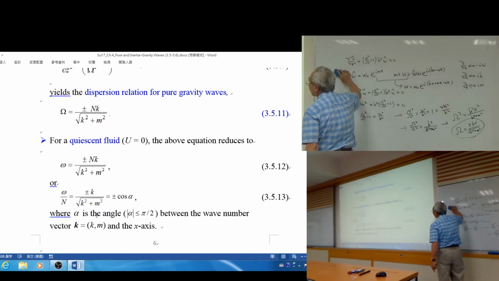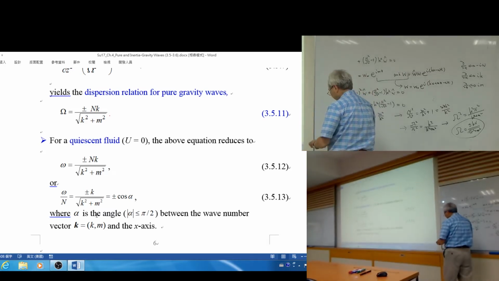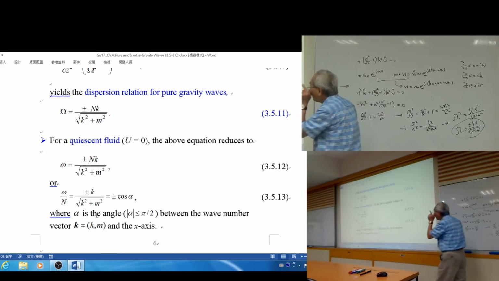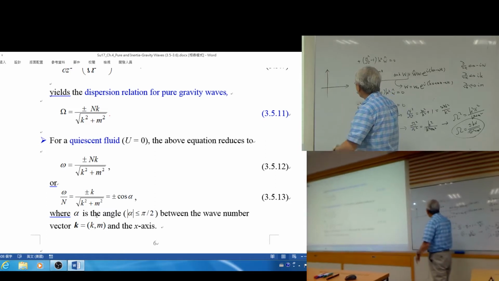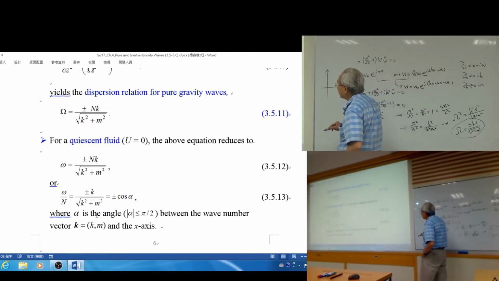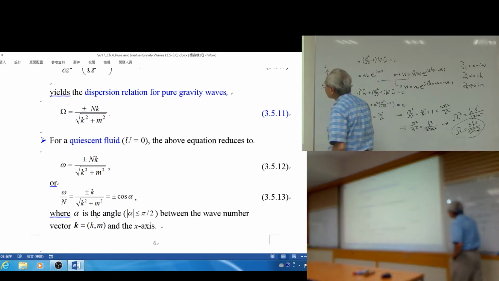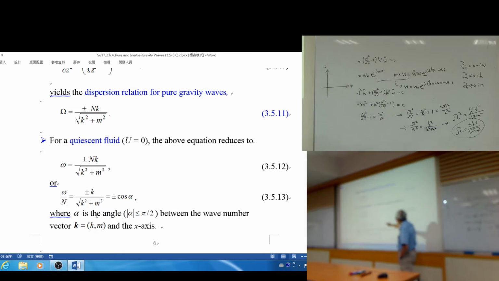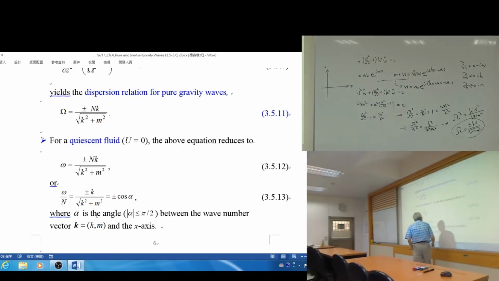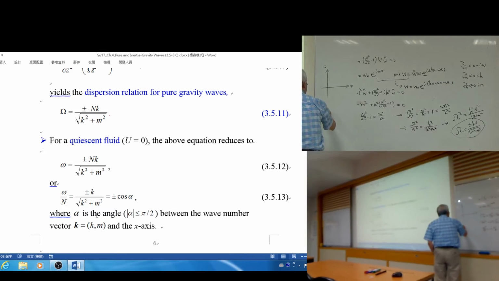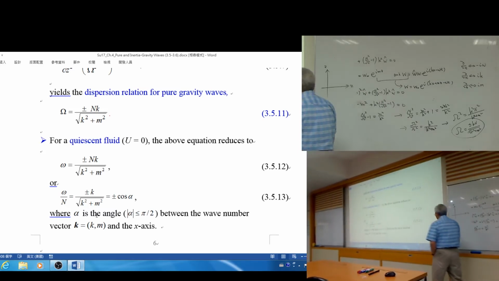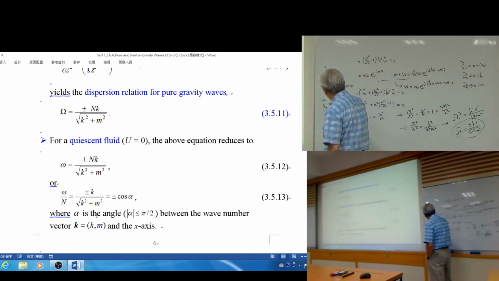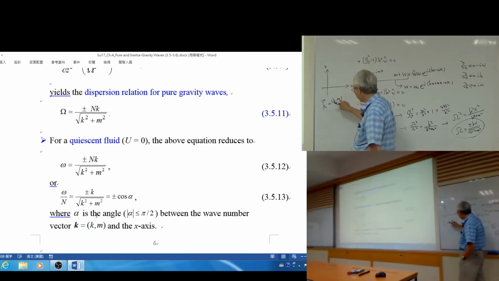And then what's the right-hand side of that equation? So if this is x, and this is z, then this means, if we have the wave number vector that equals (k, m), this is horizontal, this is vertical.